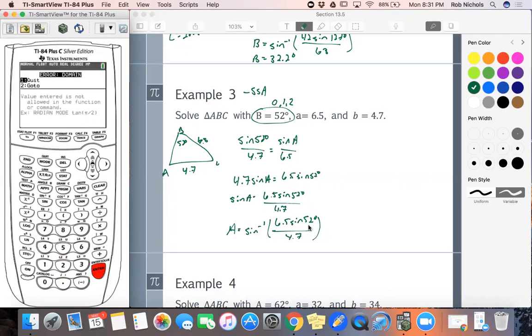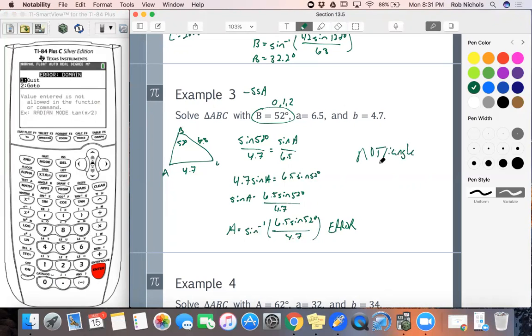And I get an error, which means no answer. So there's no triangle that works for this problem, or no solution.